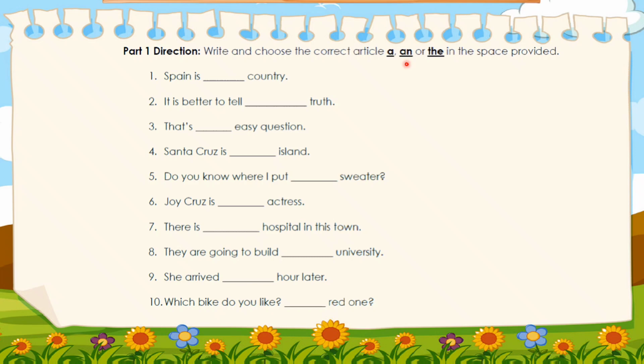A and an are used for a singular countable noun. We use a if the word starts with a consonant sound and an when it starts with a vowel sound: a, e, i, o, and u. And we use the when the thing is very specific.